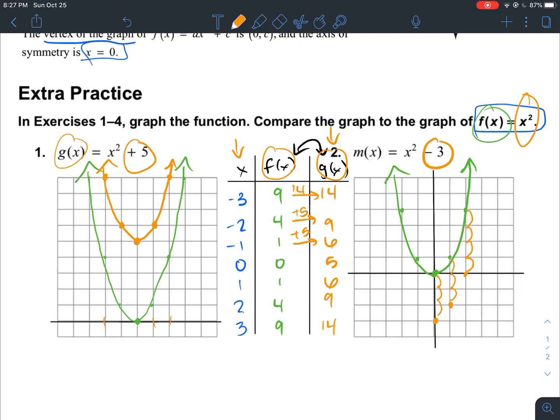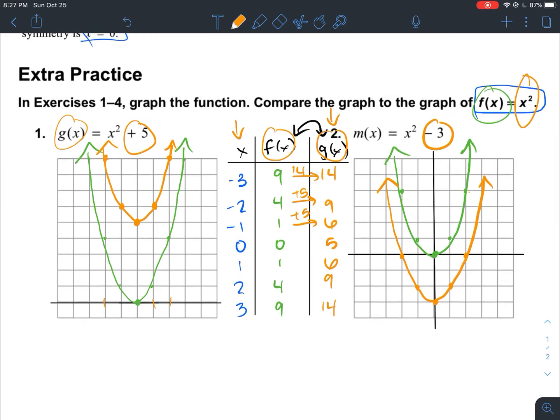Okay, so just like that. And I know that it's symmetrical, so it'll be the same in the other direction right here. So I know my graph should look something similar to this. Just the same graph of the green graph, but now we're shifted down 3 units, right?